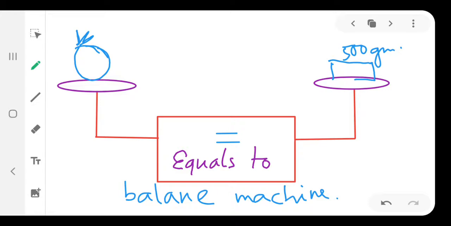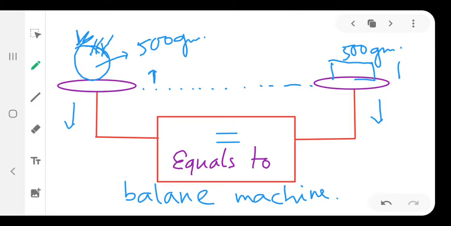And he will put a little bit of sugar on the other side, and he will see when these two are equal, that means this sugar is also 500 gram. But if they are not equal, either this will go down and this will go up, or the other way around. But when everything is in balance, both will be at one level, in one line.